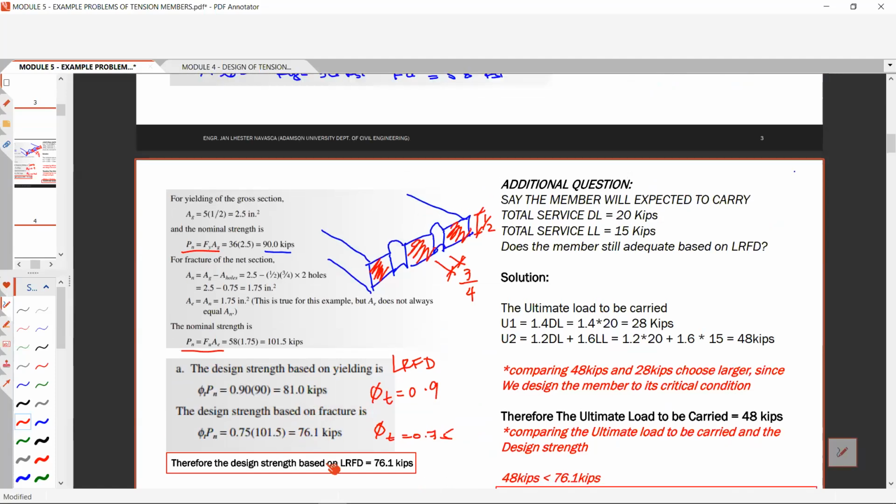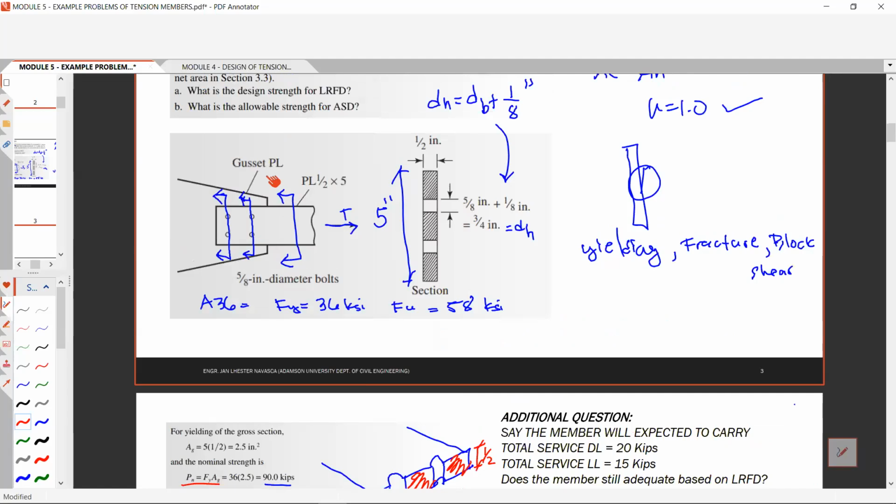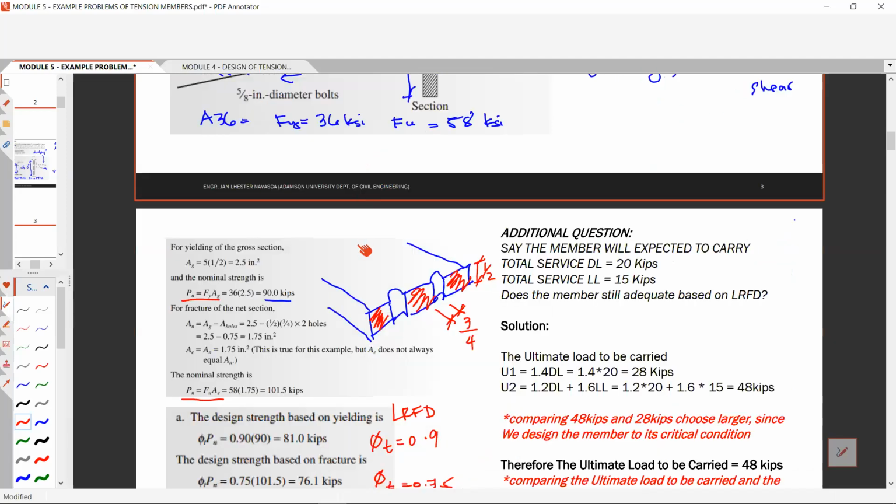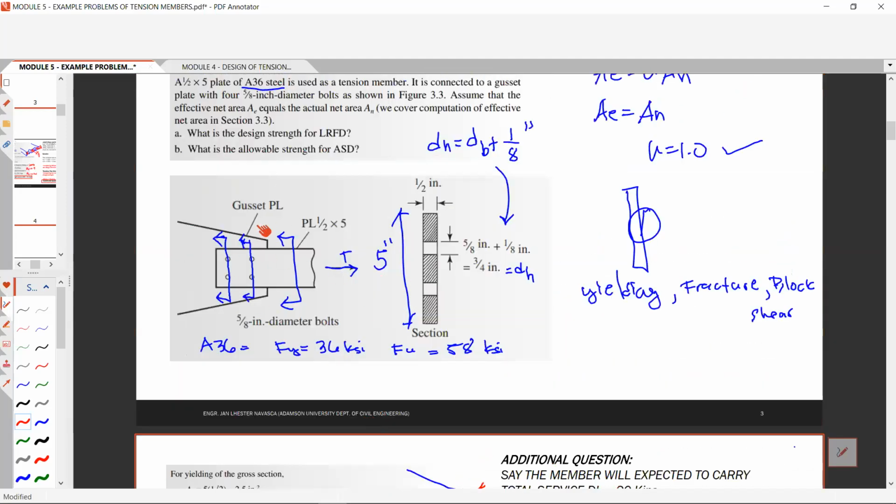So if you apply increasing loads, let's say up to 100 kips, at 76.1 kips your whole section will start to fracture. You can see a small fracture at this location.